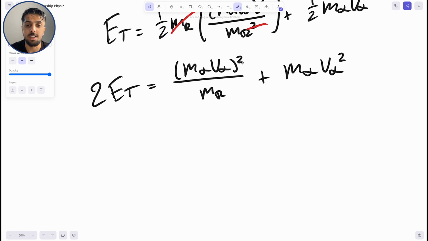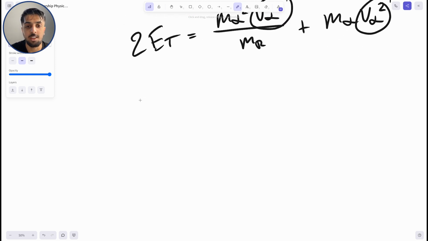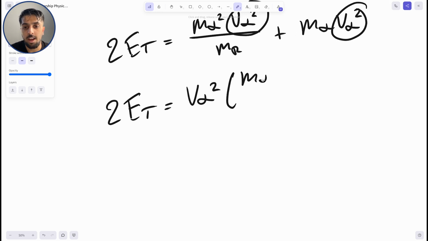Now we can simplify this top part and make it m alpha squared v alpha squared. As you can see, we have v alpha squared as a common factor, so we can take it out, and we get 2Et is equal to v alpha squared m alpha squared all over mR plus m alpha.